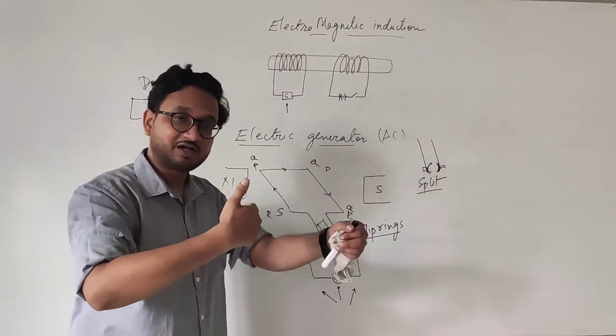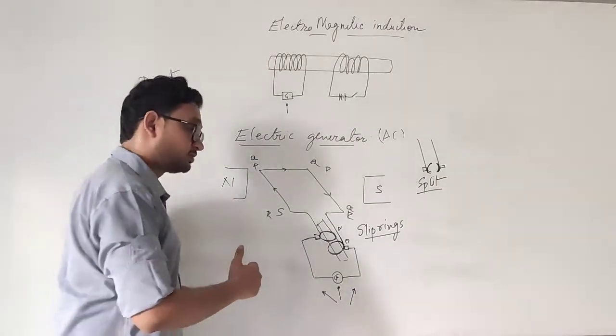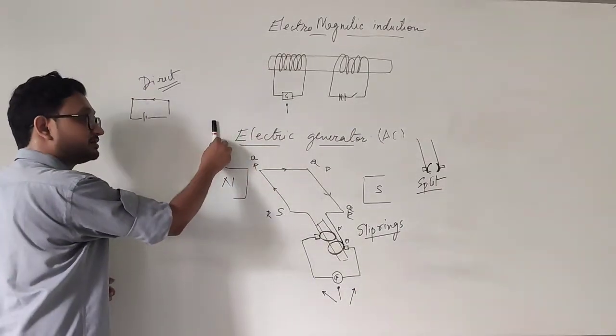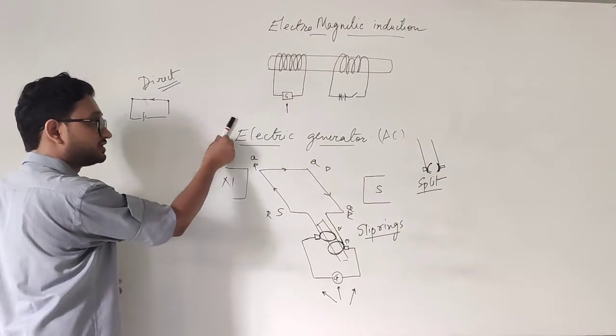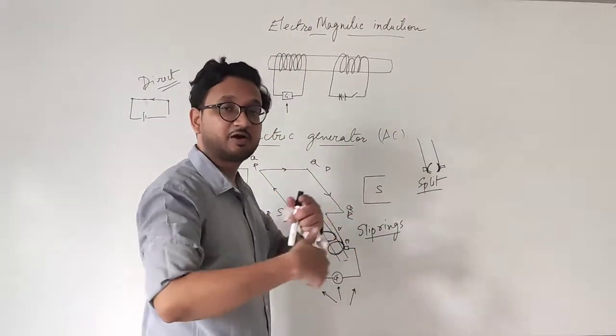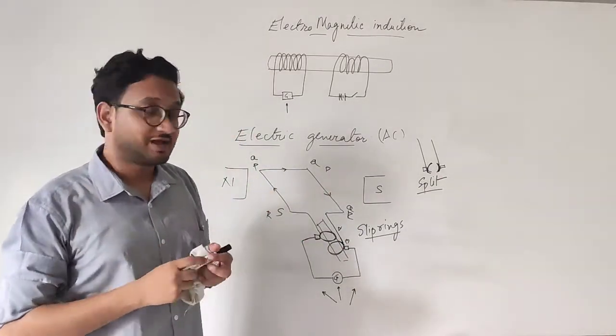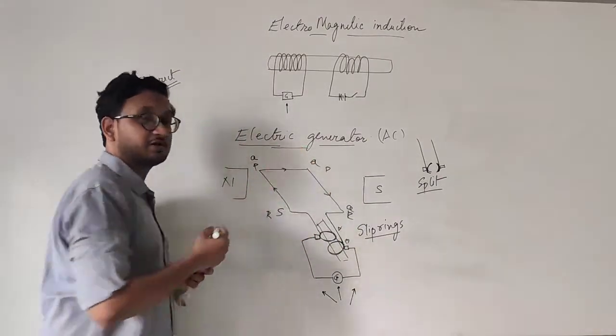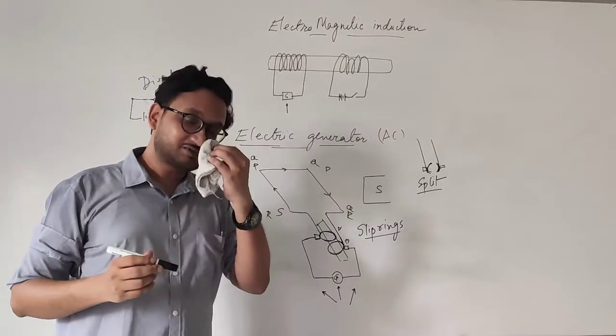On the other half, it is on the other side. So the needle in the galvanometer will show the deflection once like this, the other like this. So in one rotation, we have two types of deflection, and that is why this is an AC generator and not a DC generator.